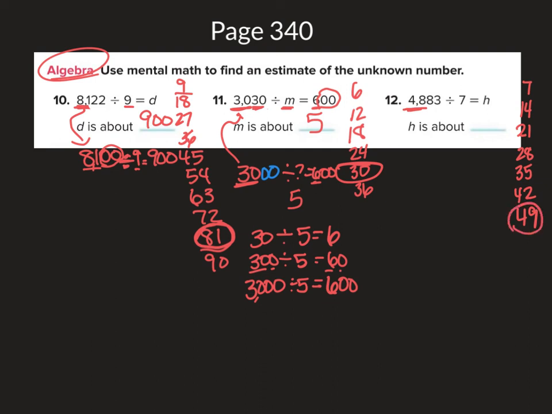I like it. 49 with 2 zeros divided by 7. 49 divided by 7 is 7. 2 zeros. 700. There we go. We did it. We are done.